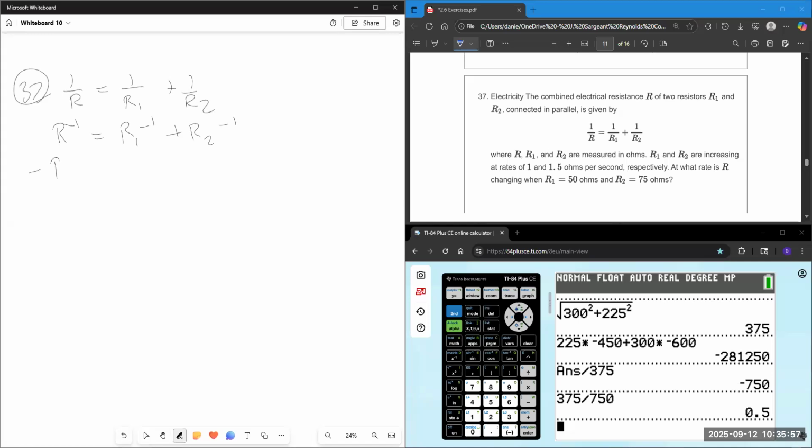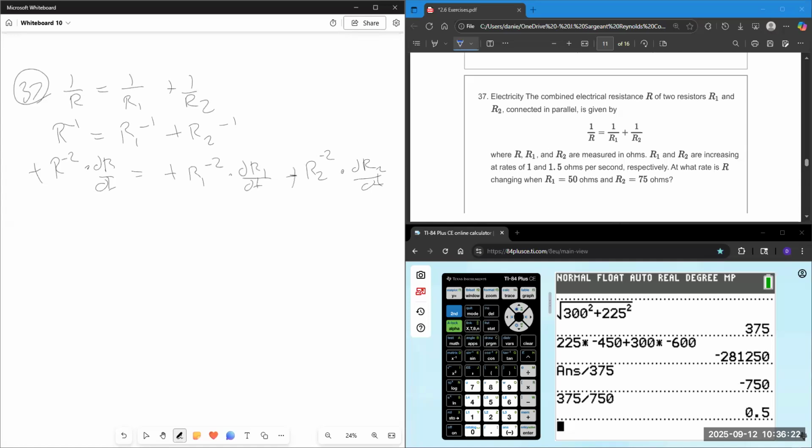that: this is negative r to the negative second times dr/dt is equal to negative r1 to the negative second times dr1/dt minus r2 to the negative second times dr2/dt, and then all these negatives I'm going to divide out to make them positive.